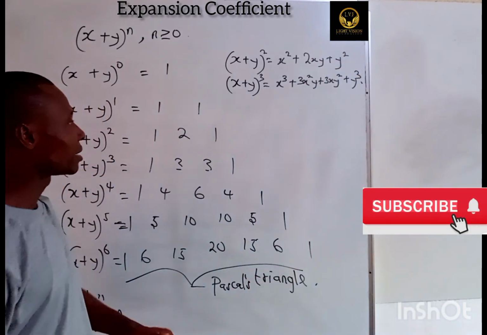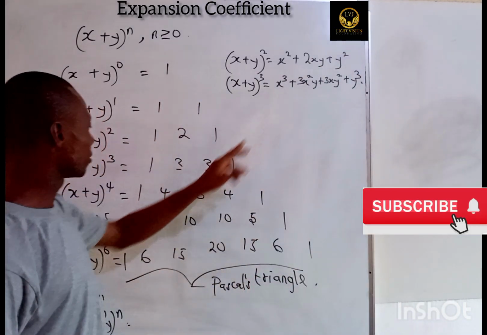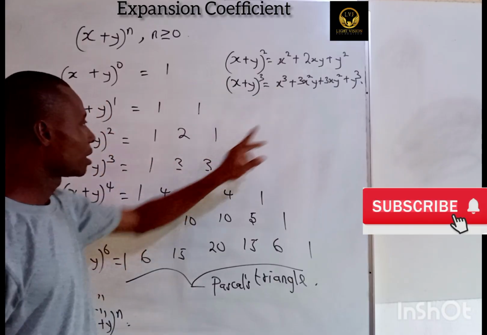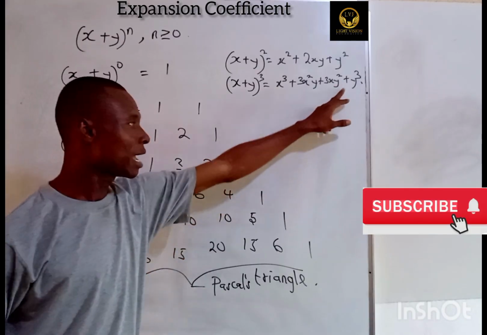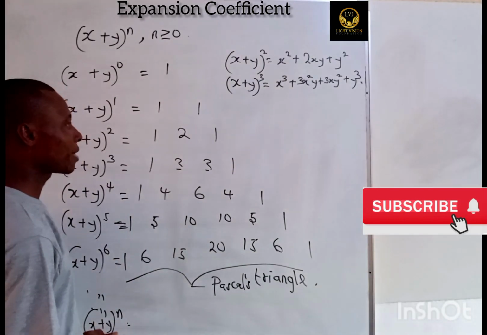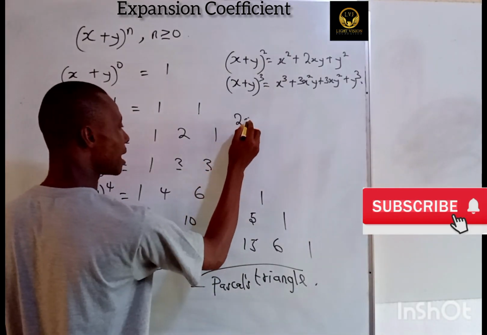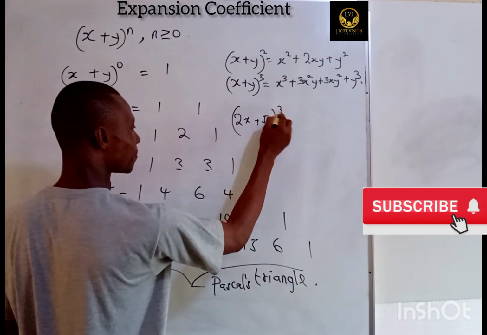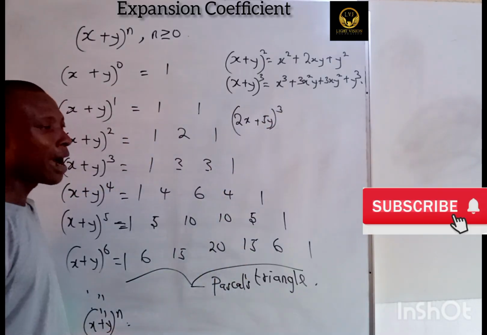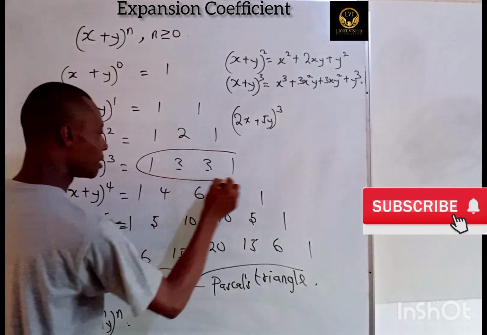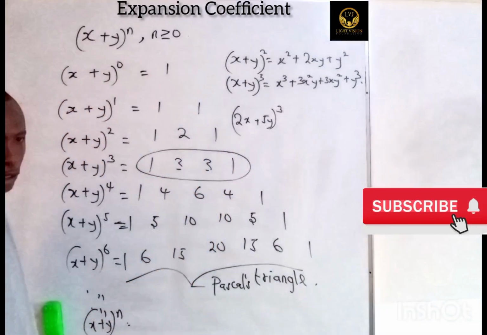Notice that the coefficients are still the same: 1, 3, 3, 1. So what it means is that when I am given something like 2x plus 3y to expand, I only need to extract the coefficients from Pascal's triangle, then use them in the expansion.